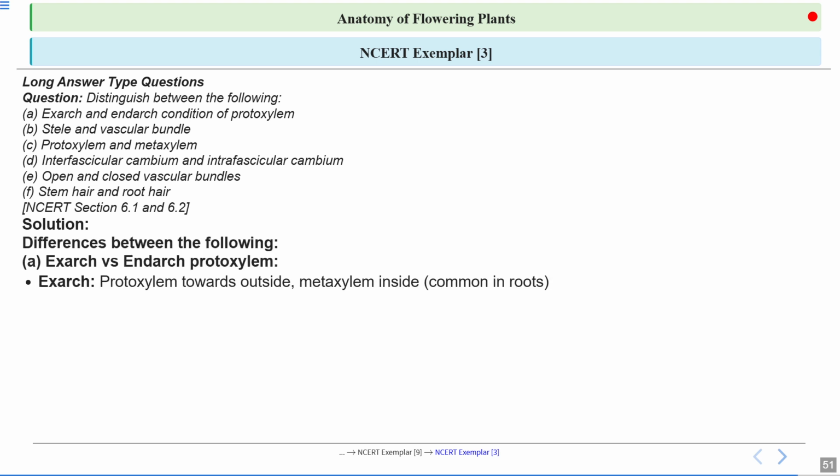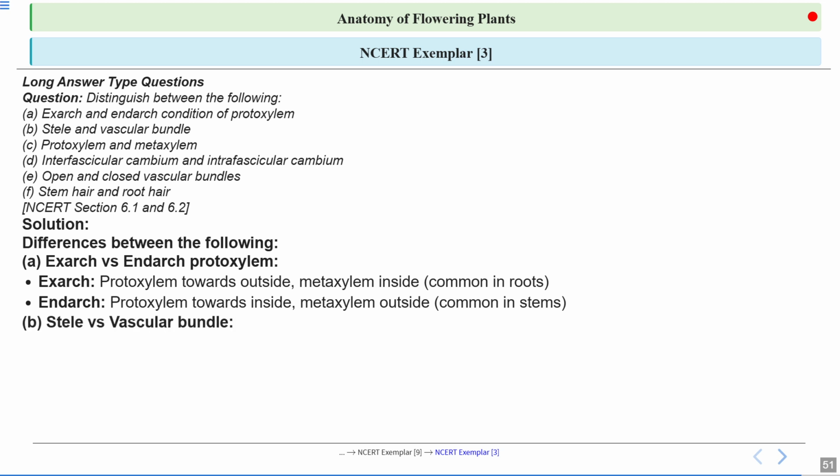Exarch versus endarch. In exarch, protoxylem is toward the outside and metaxylem toward the inside. That is common in the case of roots. And in endarch, the protoxylem is toward the inside and metaxylem outside, just opposite. That condition you see in the case of stems, right?